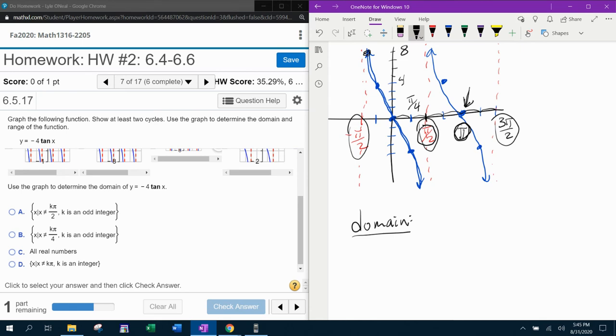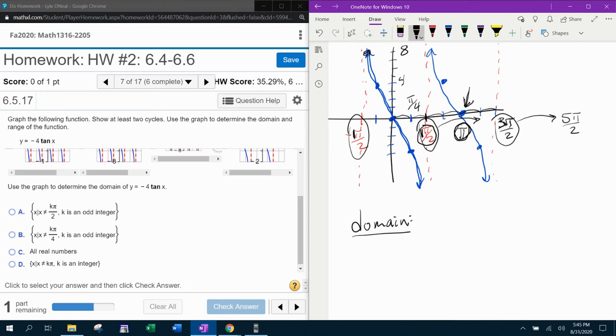So if you notice the first asymptote, that's negative 1 pi over 2. And then the next one is at 1 pi over 2. And then the very next one is at 3 pi over 2. Guess what the next one's going to be at? 5 pi over 2. Because these asymptotes are a pi apart, okay?